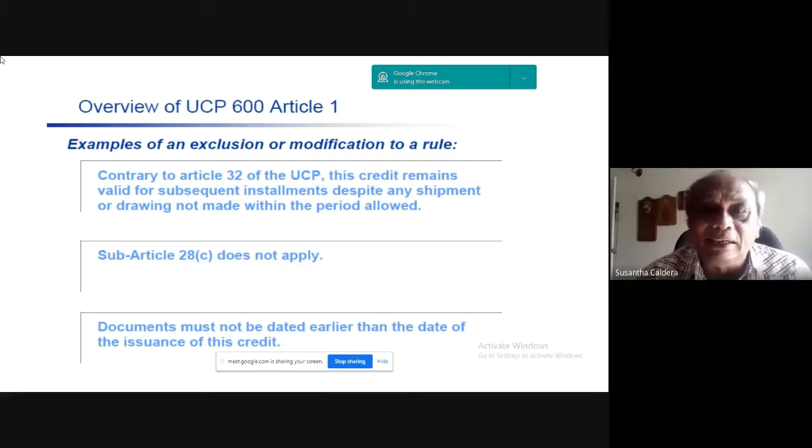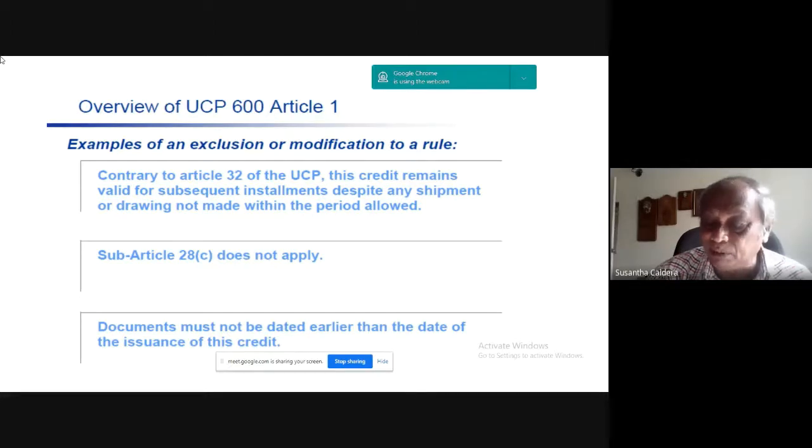Then under Article 1, there's another one. It says examples of an exclusion or modification to a rule, to the extent to which they may be applicable.